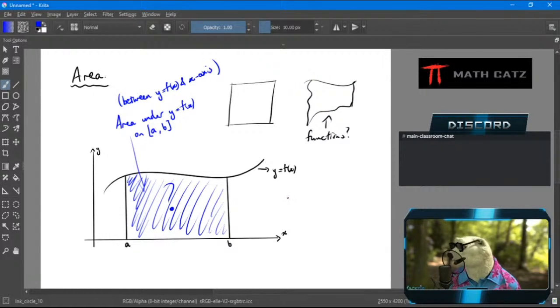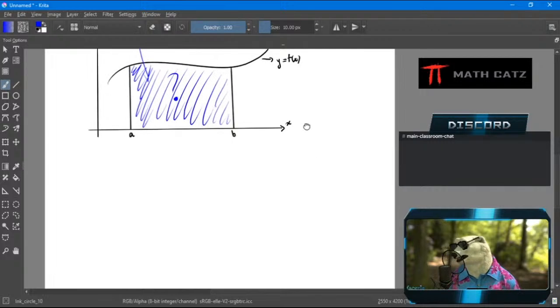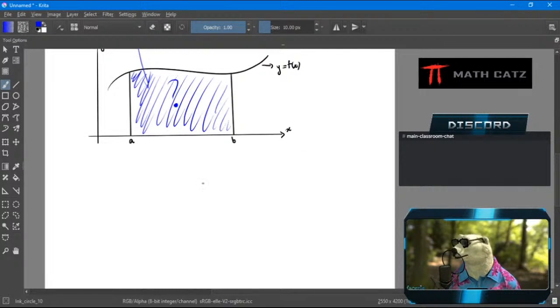So what are we going to do? Well, to start, I'm going to make a function that is based on this area. And I'm going to just duplicate this so we have a clear starting point.